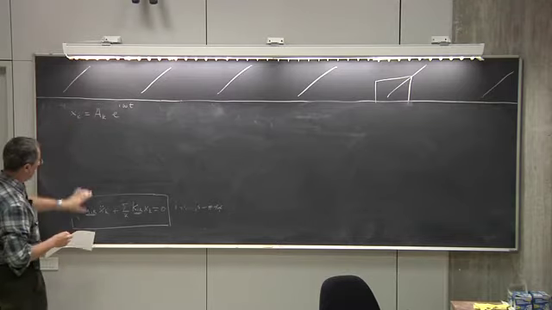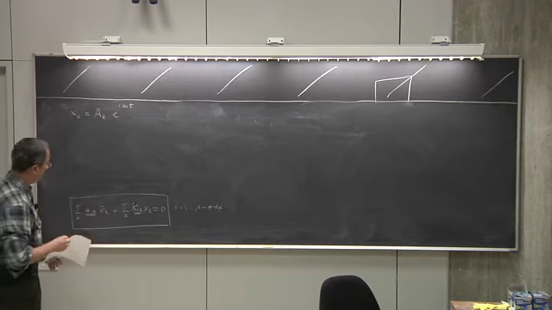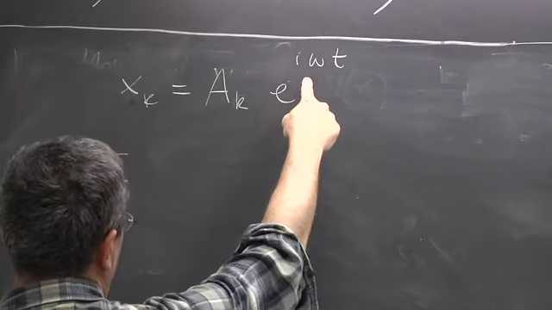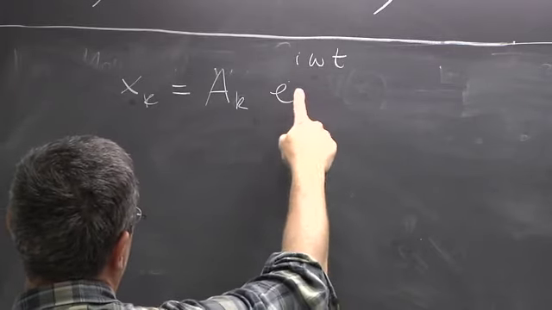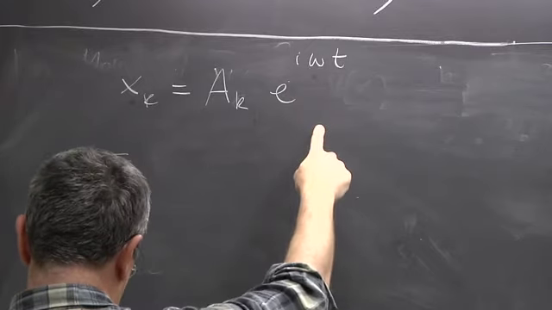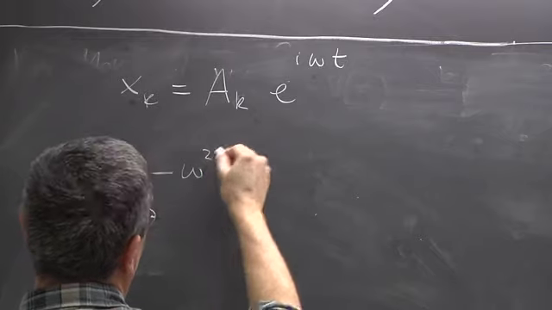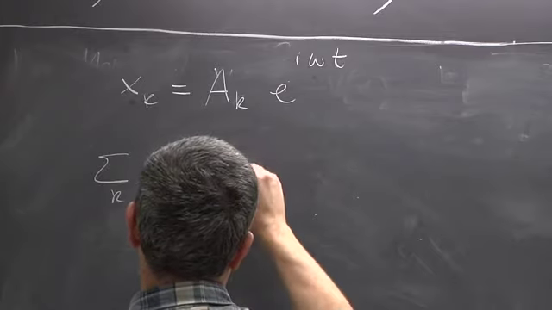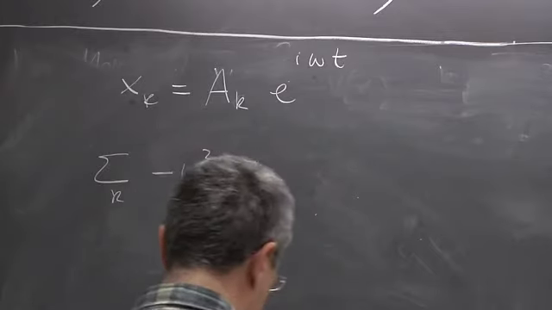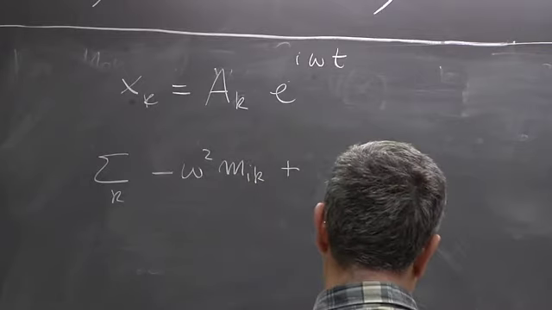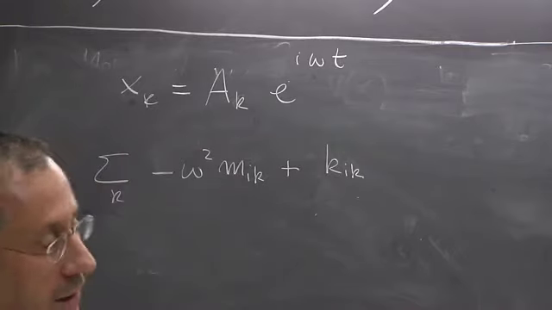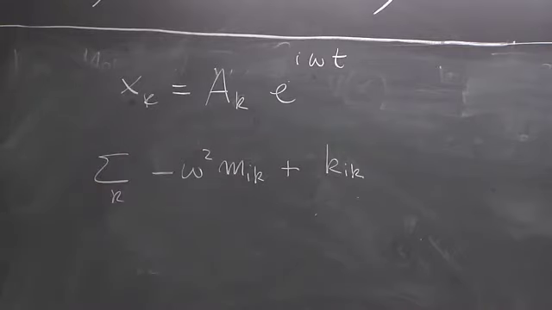So I take this solution and substitute it in my differential equation. I take the second time derivative of this, so here I have a minus omega square, minus because I have the imaginary unit, times this mass matrix M_ik, plus here I just have these constants, like the spring constants of this system, K_ik.